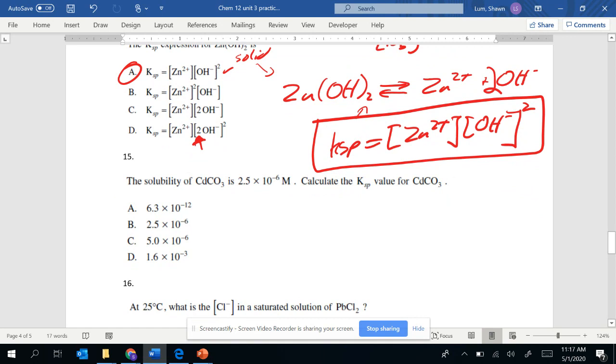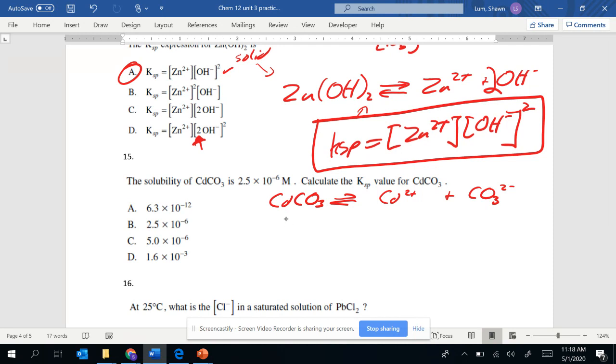The solubility of cadmium carbonate is 2.5 times 10 to the minus 6. Calculate the Ksp value for CdCO3. So we're going to write CdCO3, and it turns into Cd2+ plus CO3 2-. This is already balanced.